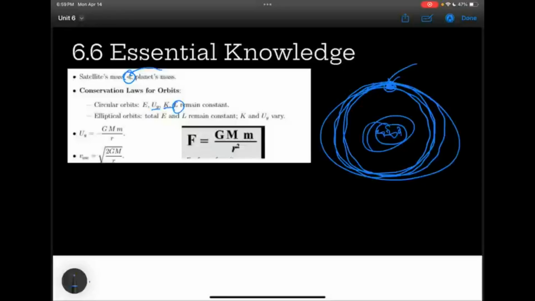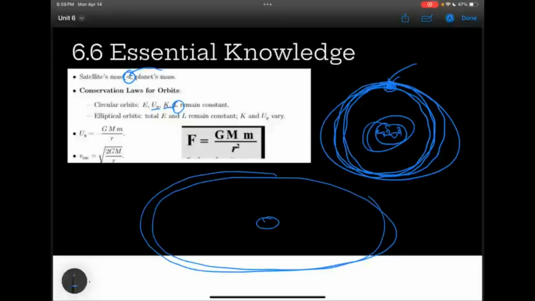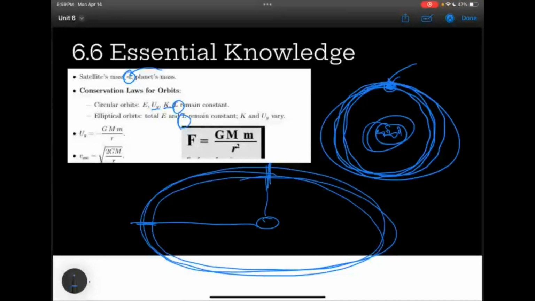However, if we have an elliptical orbit, then there's some points where it's farther away from other things. Now the Earth is elliptical around the Sun, so here we're very far, here we're very close, right? However, the angular momentum will remain constant. That's just because of the sine theta thing and the whole radius that we mentioned before, while the velocity will change.